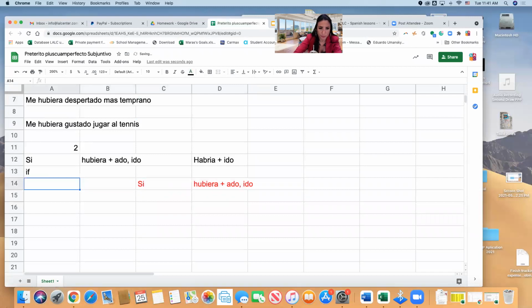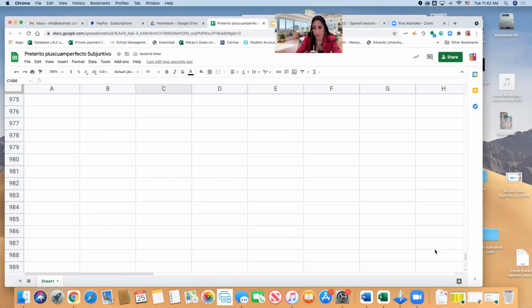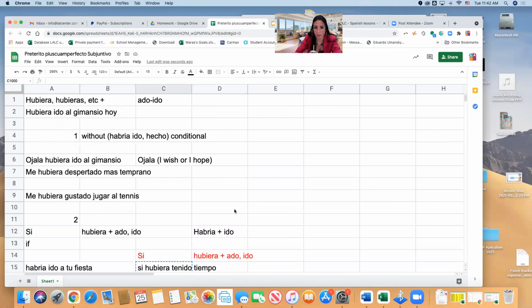So, por ejemplo, habría ido a tu fiesta. This one, for example, habría ido a tu fiesta si hubiera tenido tiempo. Or it could be the other way around. Si hubiera tenido tiempo, habría ido a tu fiesta, but you cannot separate.